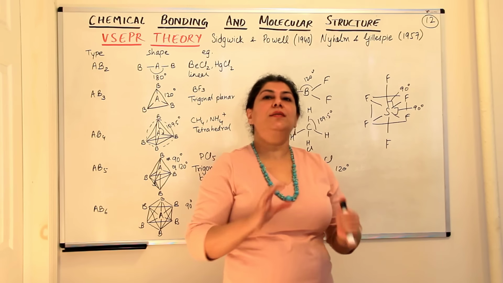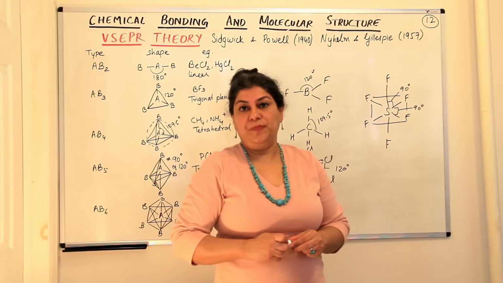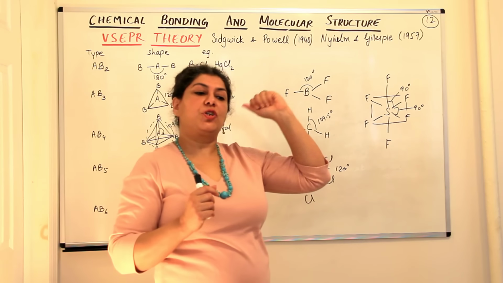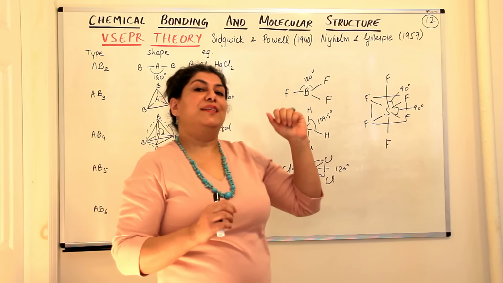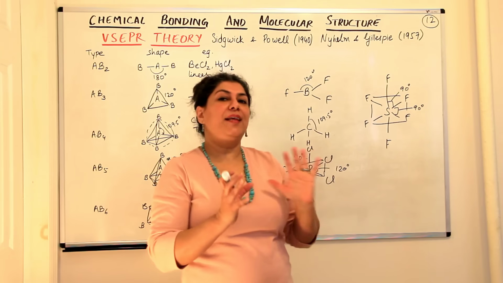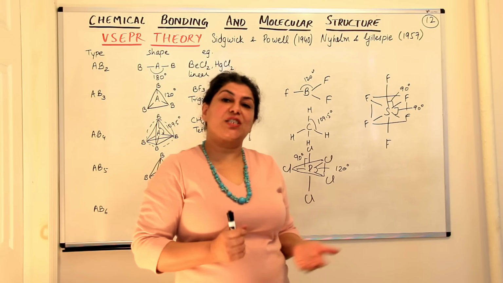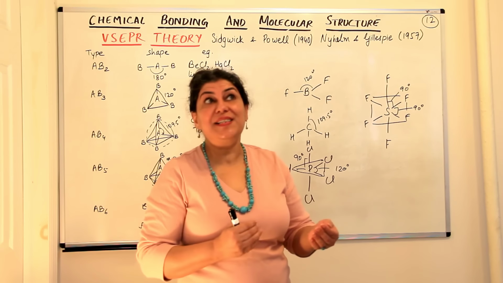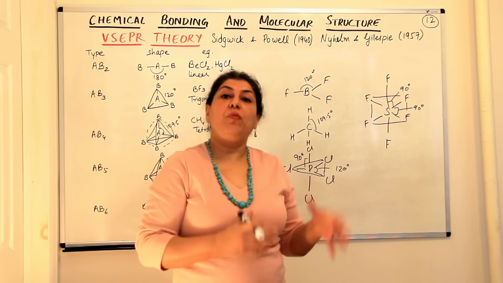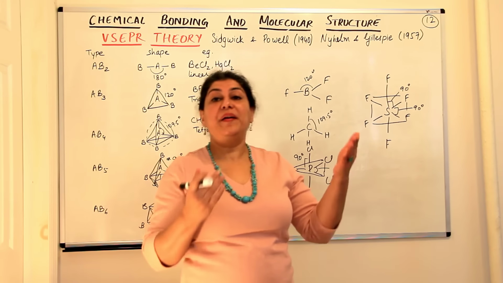How do we determine the structures of these molecules? Now, Nyholm and Gillespie brought about the idea of molecules which did not have such regular geometries, and their geometries were distorted. They explained them on the basis of difference in the repulsions between lone pair-lone pair, bond pair-bond pair, and lone pair-bond pair.